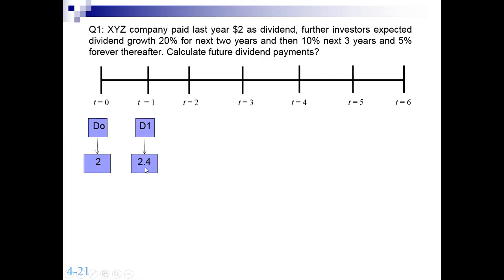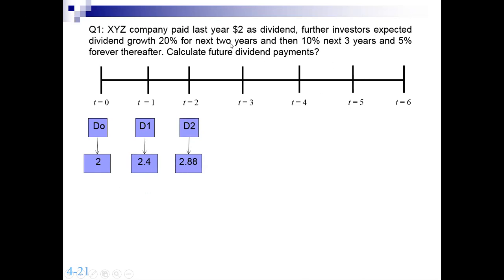How come it is 2.4? It's very easy. Take 20% of this amount and add it to this one, and your calculator will give you 2.4. In a similar way, apply 20% on this one and add it to 2.4. You will get 2.88.